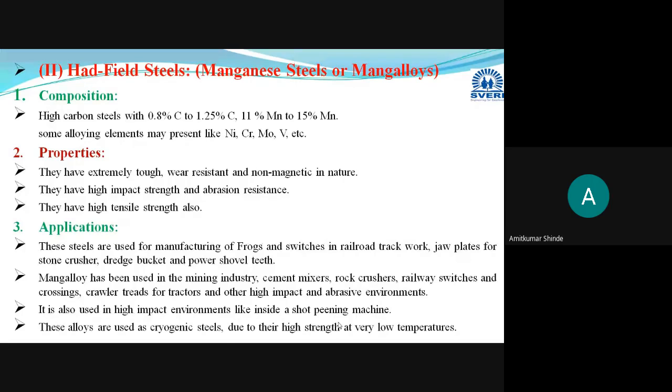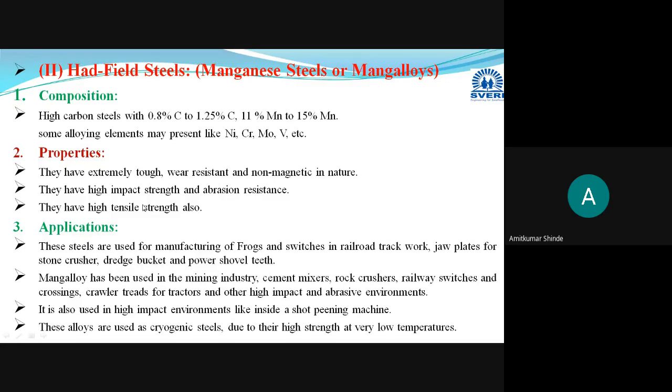Due to the presence of an alloying element like manganese as the principal alloying element, these steels have very high impact strength, very good wear resistance, as well as very good abrasion resistance, and very high tensile strength.